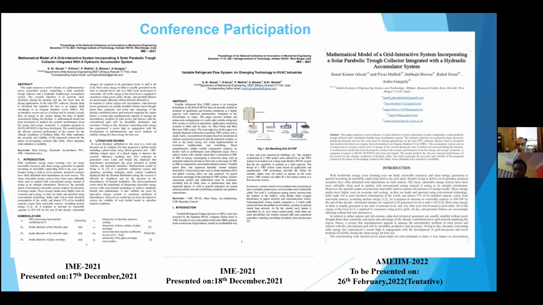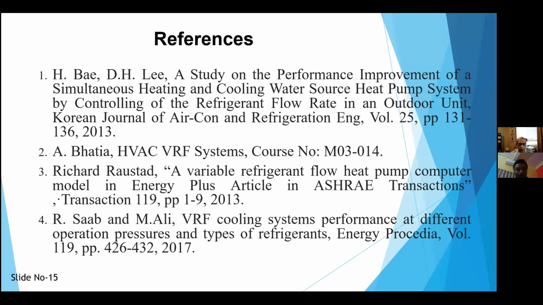And we also participated in AMI IIM 2022, presenting today, a mathematical model of a grid interactive solar parabolic trough collector integrated with the hydraulic accumulator system. So these are the references used in making the VRF system. Thank you.